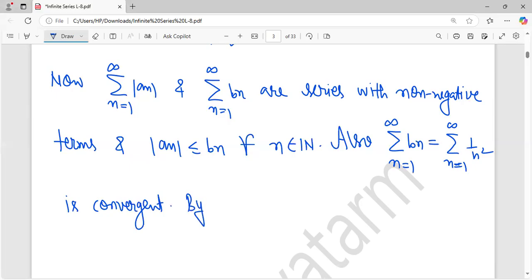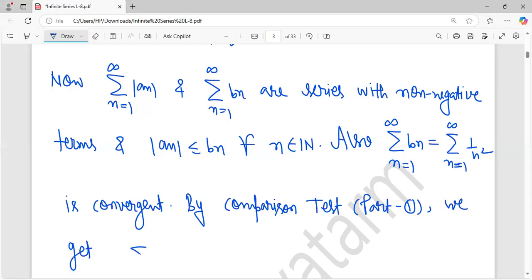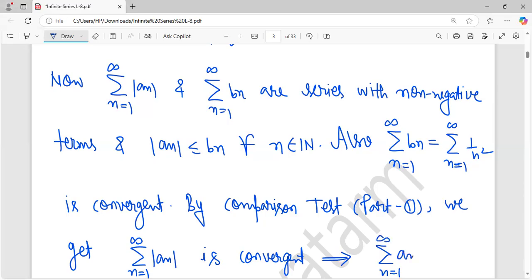By comparison test part one, we get that this series is convergent. So this implies this series is absolutely convergent.